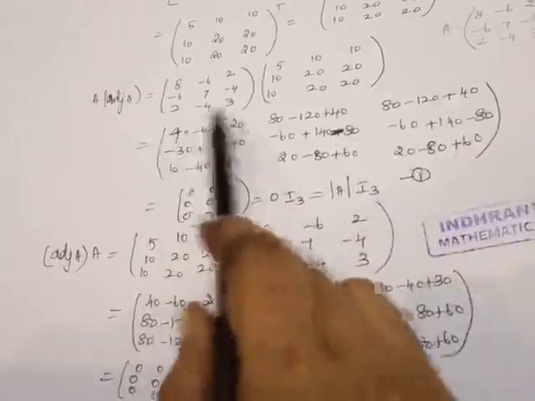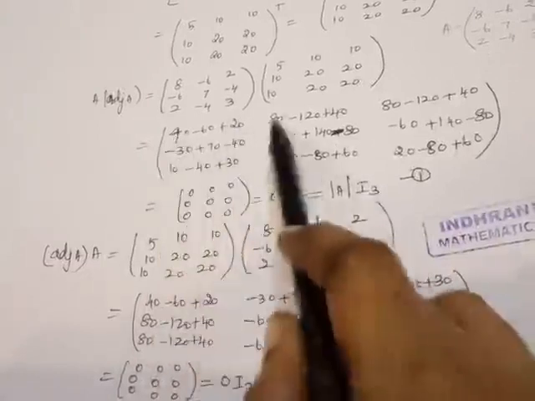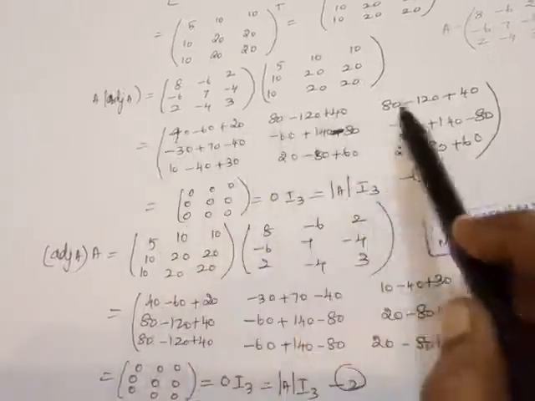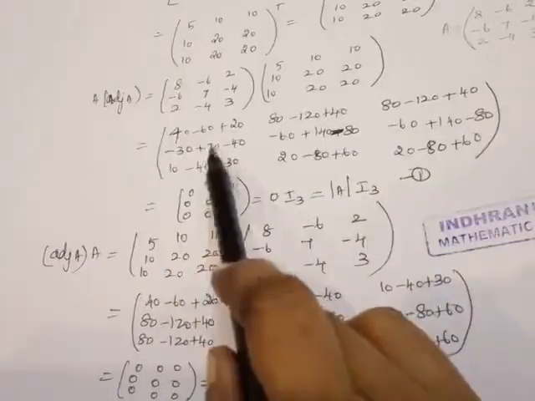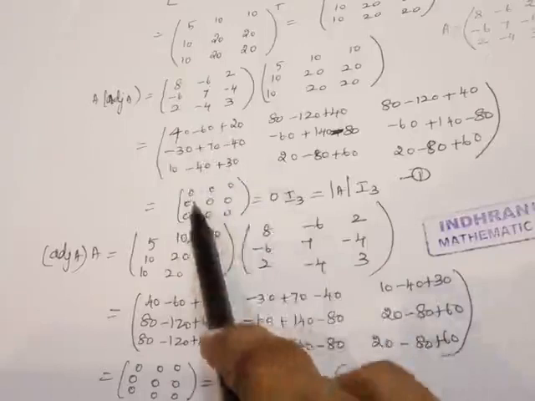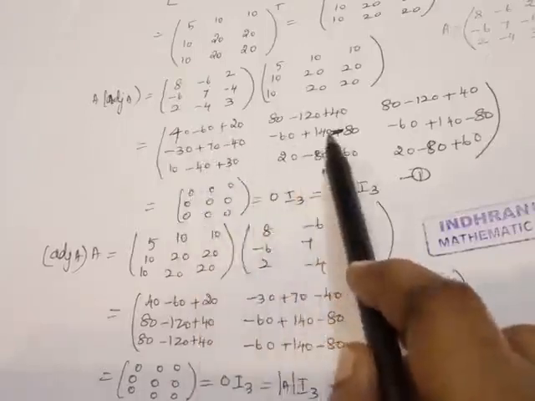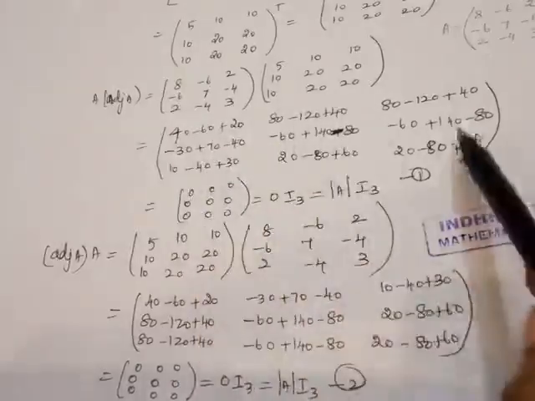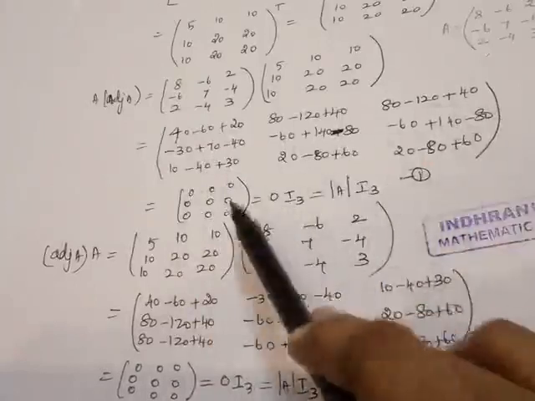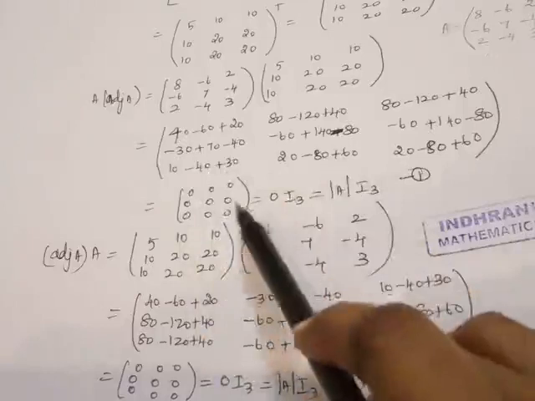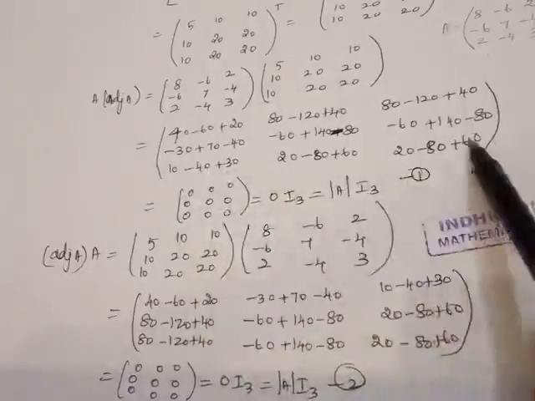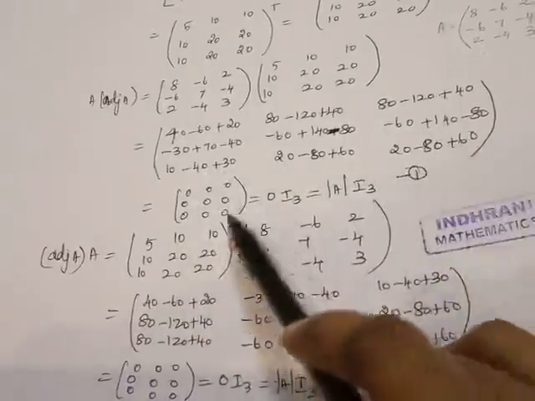Simplify. 60 minus 60, 0. 120 minus 120, 0. Similarly, 70 minus 70, 0. 140 minus 140, 0. 40 minus 40, 0. 80 minus 80, 0.